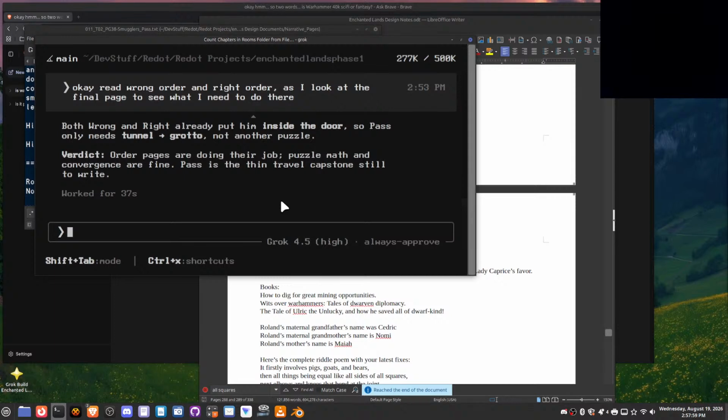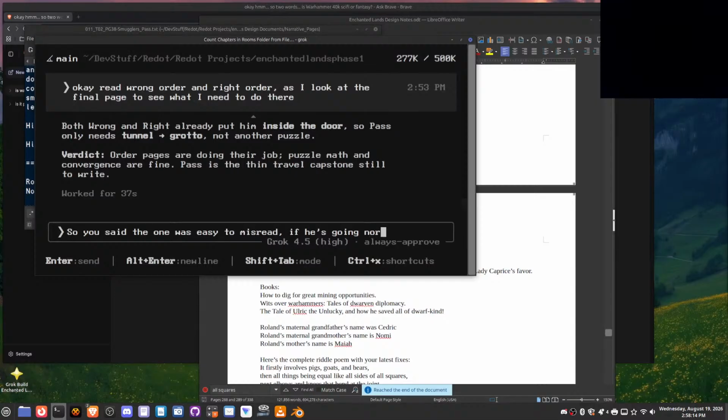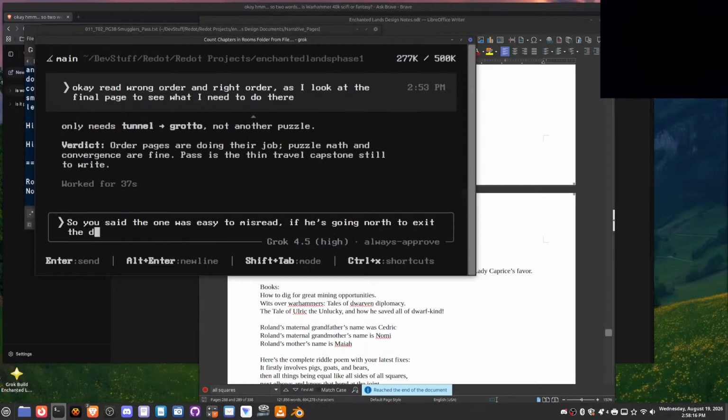So he said the one is easy to misread. He's going north to exit the double doors, the entrance to the library.